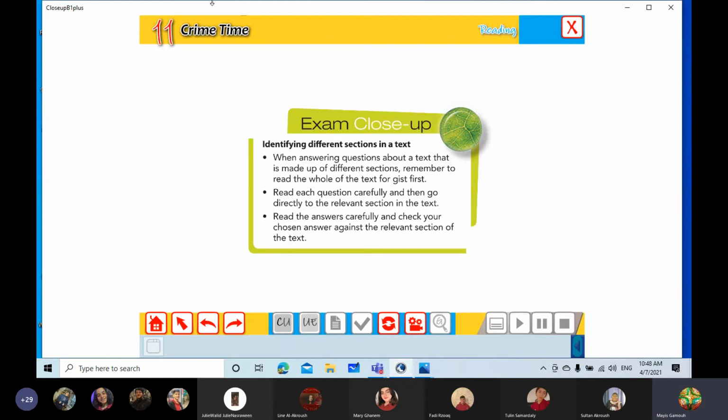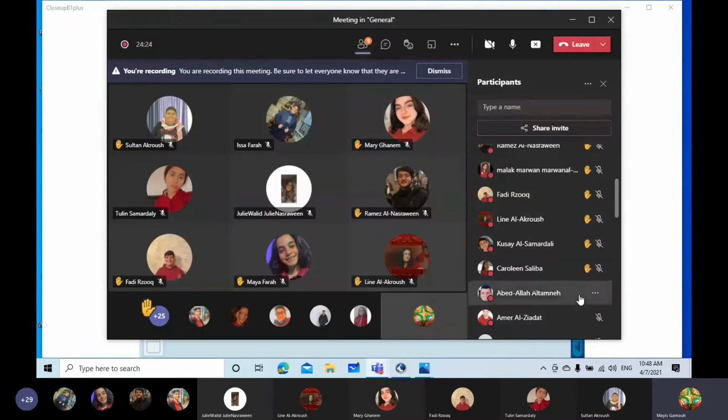So we first skim the text to have the main idea, so we can after that answer the questions regarding our text. Point number 2, in Arabic, I read and skim to get the main idea, and then I will scan the text in order to answer in detail the questions that I have.